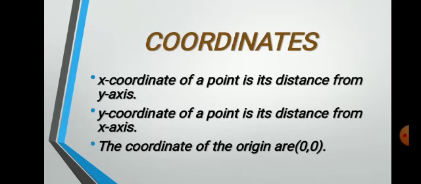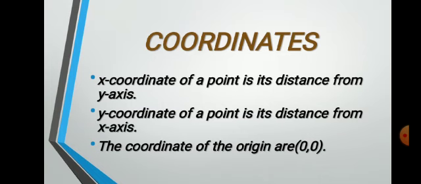Next is coordinates. The x coordinate of a point is its distance from the y-axis. The y coordinate of a point is its distance from the x-axis. The point where both axes meet, the x and y axes meet, is called the origin, and the coordinates of the origin are 0 and 0.